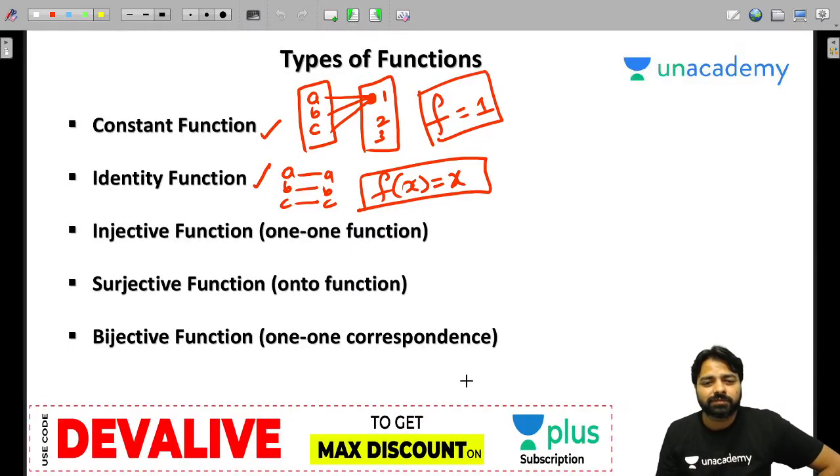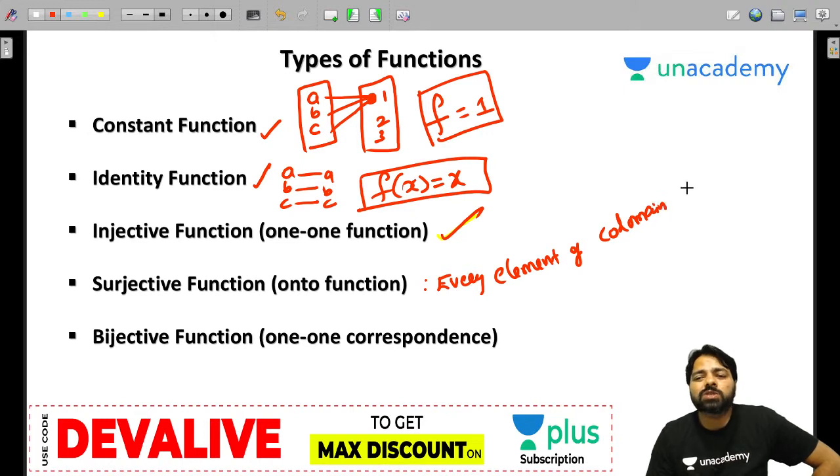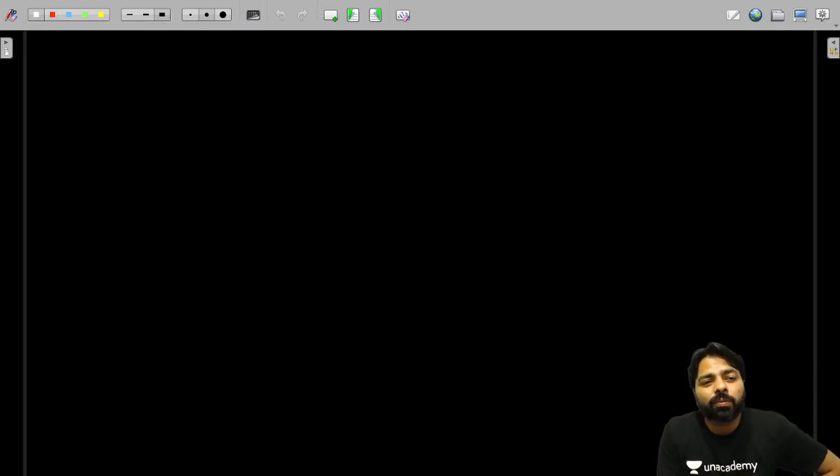Injective, that's over, and now we'll go for surjection. Surjection is about every element of the codomain. Now we are talking about the codomain. Every element of the codomain has at least one preimage. It means now we are going to apply on the codomain.